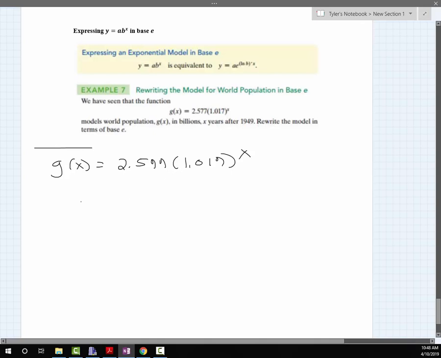So I can rewrite this as g of x equals 2.577 e raised to the natural log of 1.017 times x. So now what I can do is take the natural log of 1.017 and get an approximation of this.